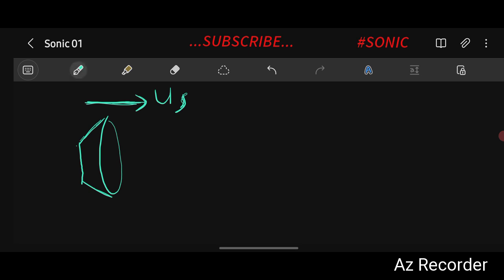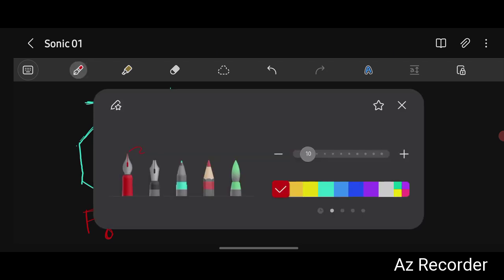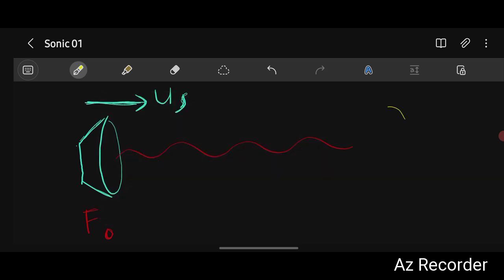Then it emits a sound of frequency f naught. Then this sound will go like this, and here is our observer. Imagine that this observer has velocity towards the direction of the source.